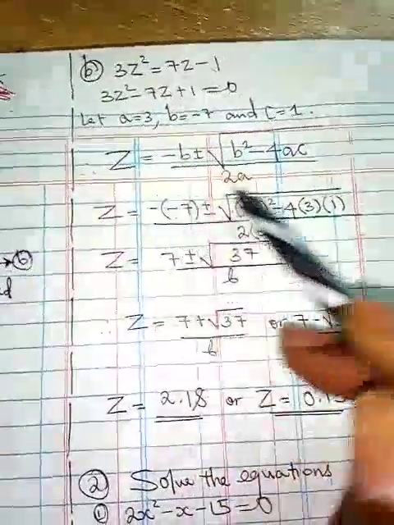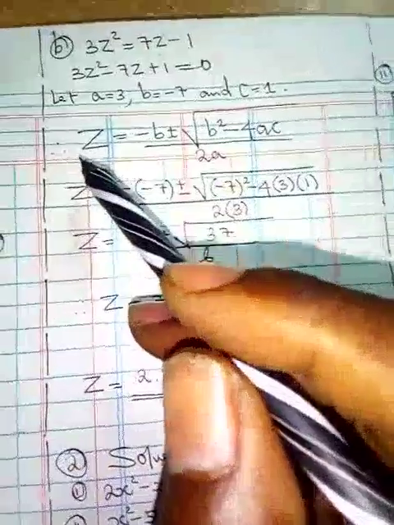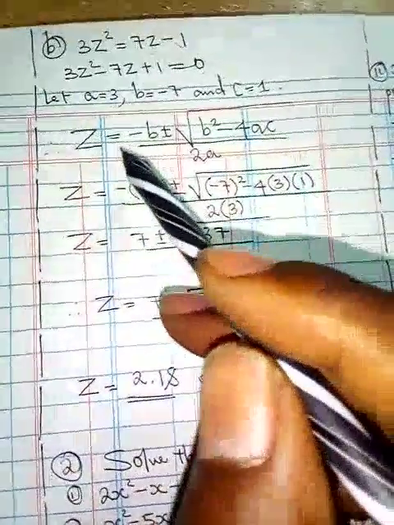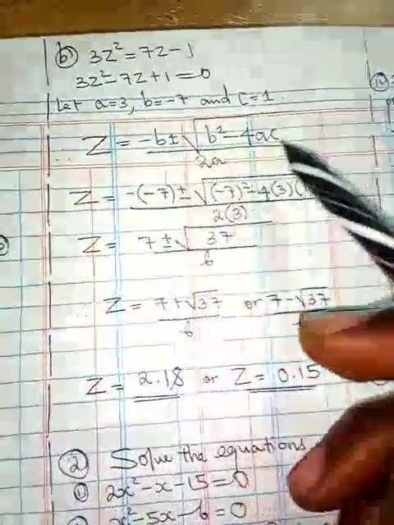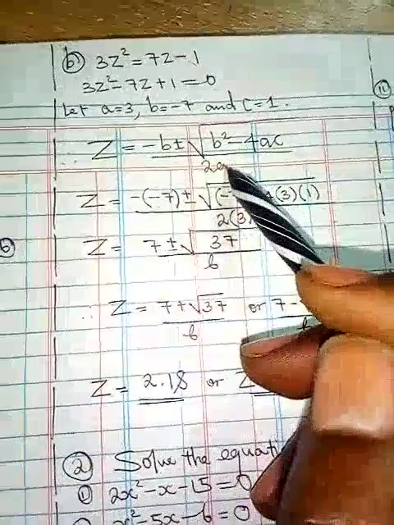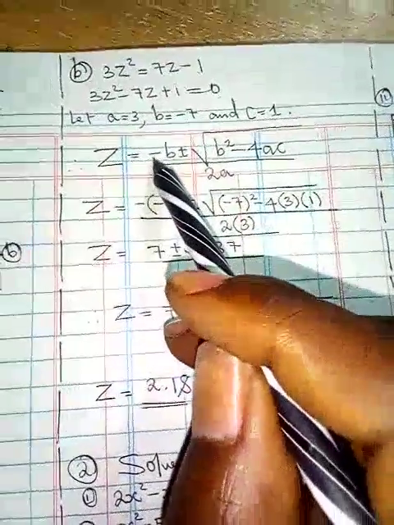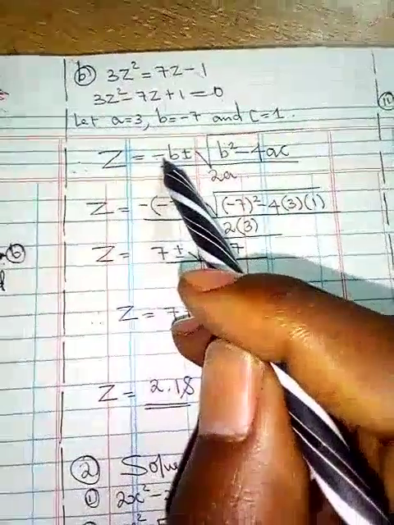So let your quadratic formula be expressed in terms of z, not x. So same thing, z is equal to negative b plus or minus the square root of b squared minus 4ac, everything over 2a.